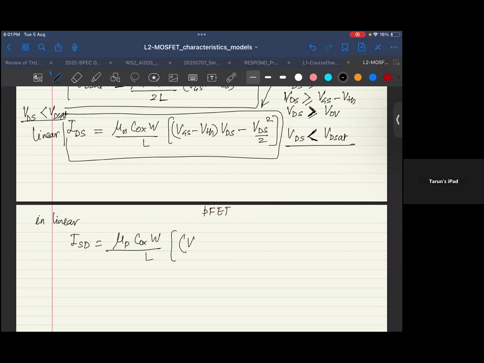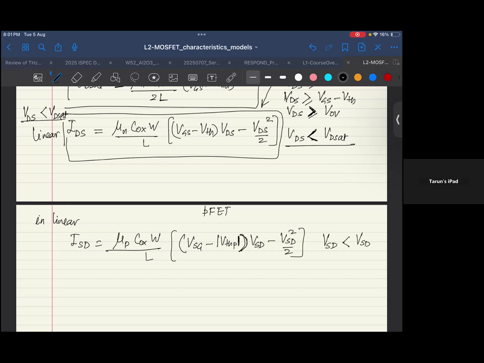We just reverse the node, right? And instead of VTH, we put mod of VTH because now the VSG is positive, right? So we are subtracting a positive quantity. Same thing we do with the VSD square. So it's quite convenient once you swap everything, right?